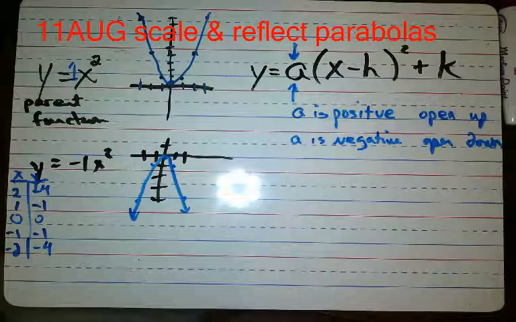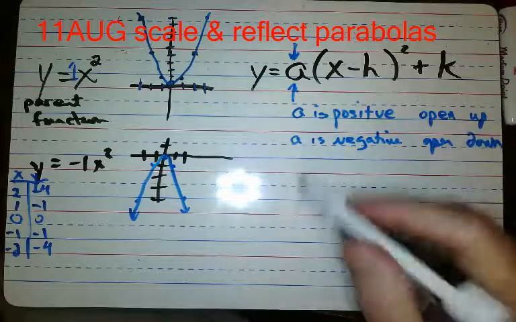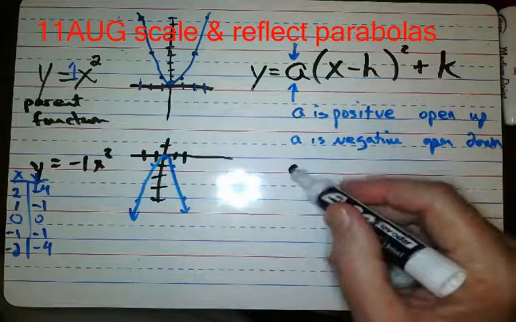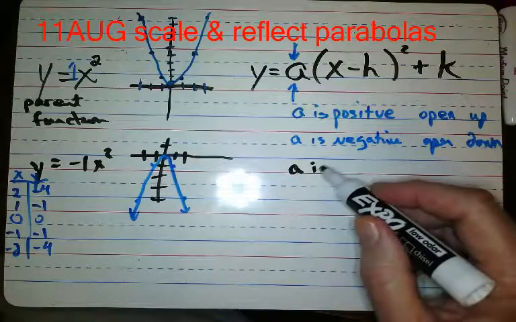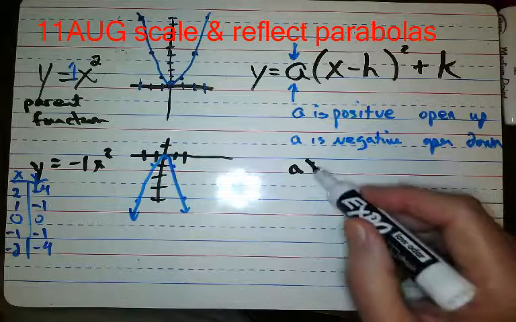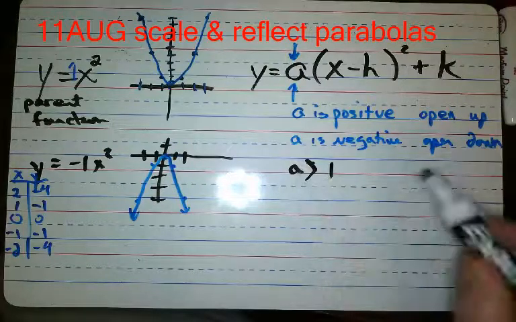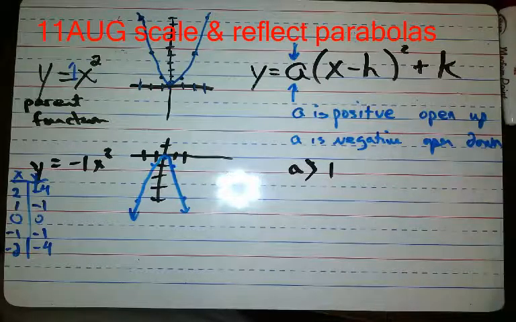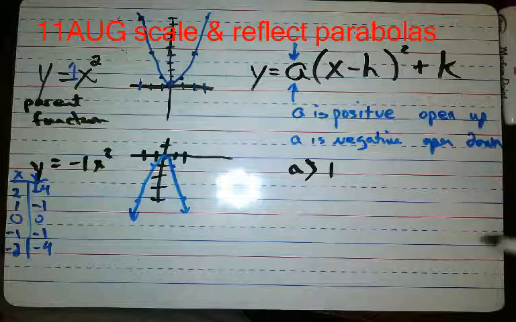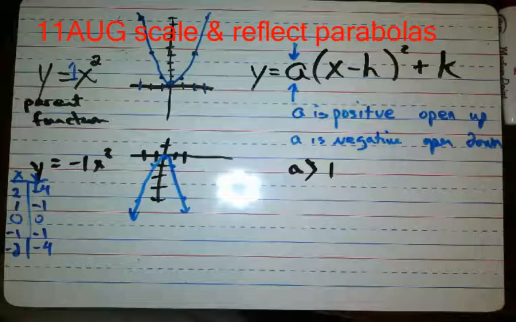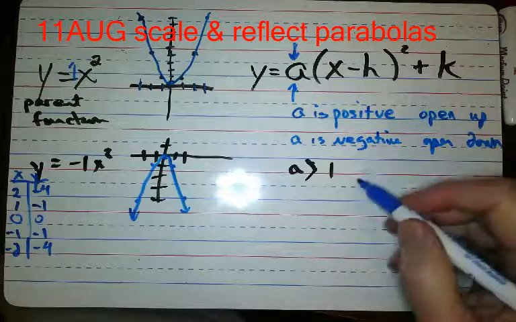Now, A has another function. If A is greater than 1, so if it's bigger than 1, like 2 or 3 or 17, the graph is going to be tall and skinny.